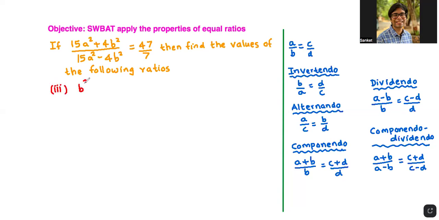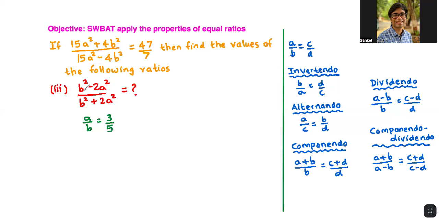I need to find (b² − 2a²) upon (b² + 2a²). I'm again going to start with a upon b is equal to 3 upon 5.